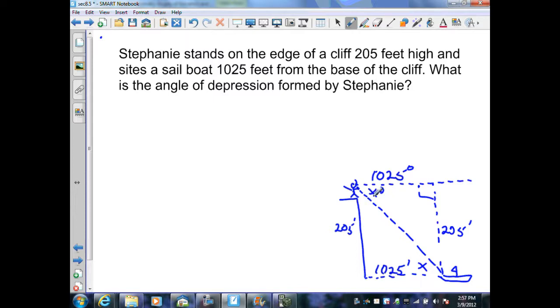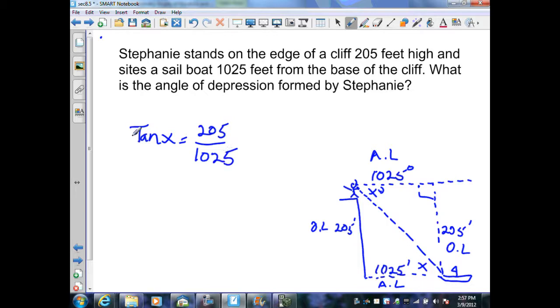Notice if I identify the sides based on the angle, 205 is my opposite leg, while 1,025 is my adjacent leg. And that is the same for the lower triangle. Now, I have to identify the trig ratio that uses opposite leg and adjacent leg, and that would be tangent. So I have the tangent of x equals opposite, which is 205, and again, it doesn't matter which triangle I use, over adjacent, which is 1,025.